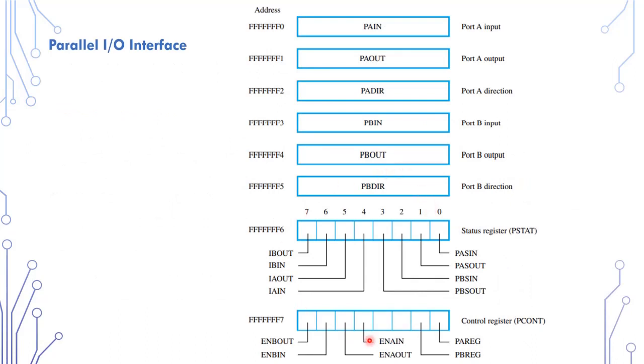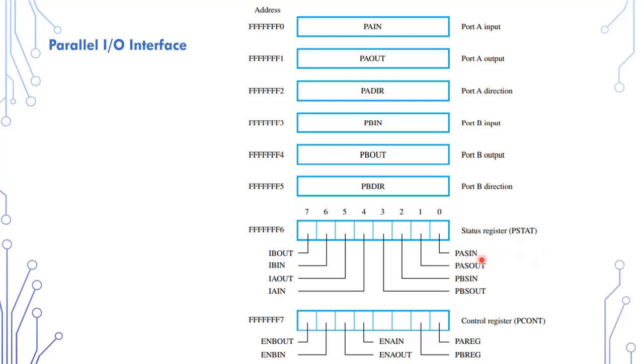The figure here depicts all the registers in a parallel interface as well as their addresses at the high end of a 32-bit address range. The status register, PStat, contains the status flags.